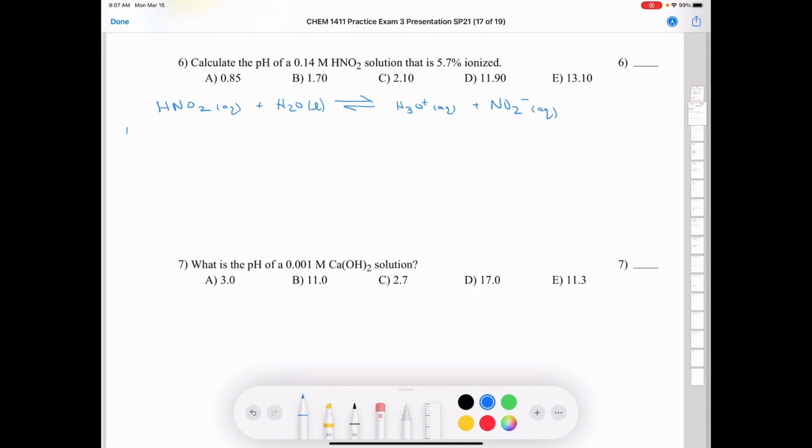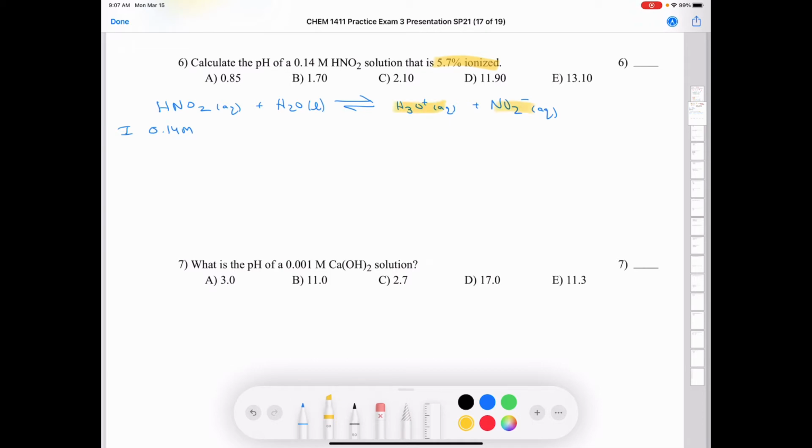Now if we're starting out initially with a 0.14 molar solution, the question is telling us that only 5.7% of it is ionizing. That means that only 5.7% of it is being converted to hydronium and nitrite ions.